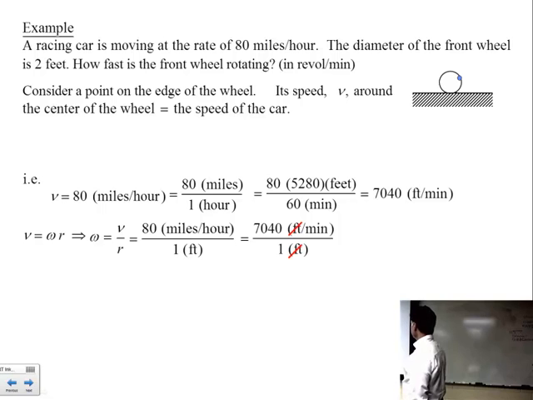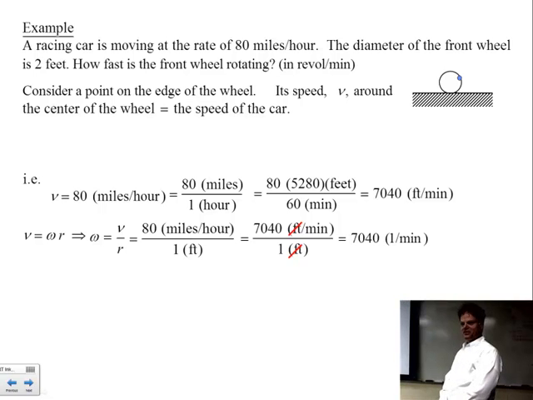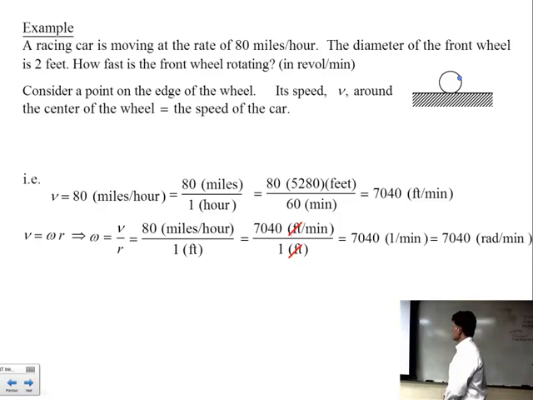So now feet per minute is in the numerator, so the minute drops down to the denominator, and we get 7040 things per minute. What are those things? Radians, right. It's the unitless phantom unit that disappears. So the ghost unit. So 7040 radians per minute. That's the angular speed.